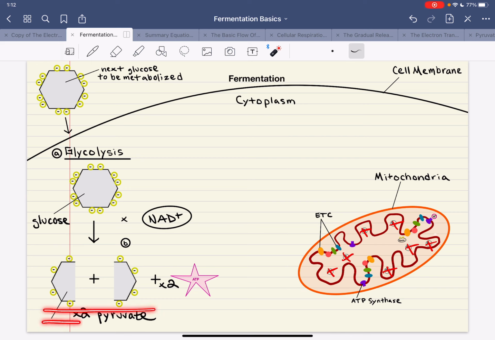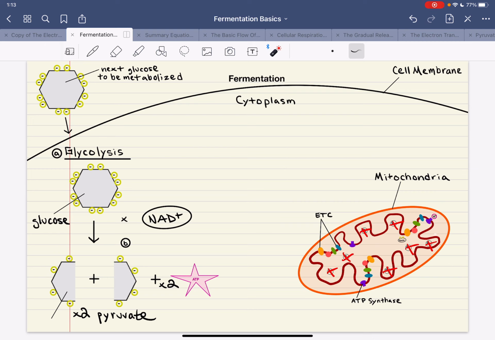So what happens is that pyruvate either becomes alcohol, aka ethanol, same alcohol in wine and beer, or it becomes lactic acid, depending on the specific type of fermentation that the organism undergoes. Those are the 2 different types. There's alcoholic fermentation and there's lactic acid fermentation.